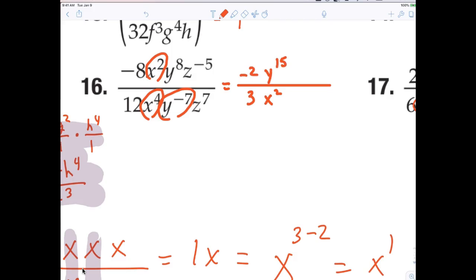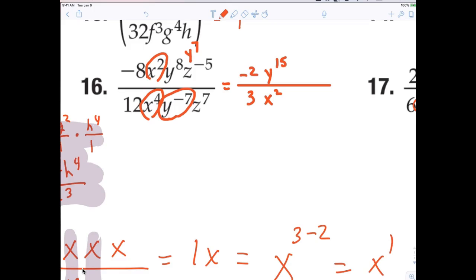Anybody have any questions? I'm taking the negative 7 and putting it up top as y to the 7th. You see that now? And how many are up there right now? 8. And so 8, and if I add another 7, that gives me a total of 15.